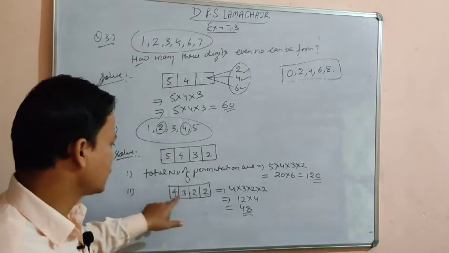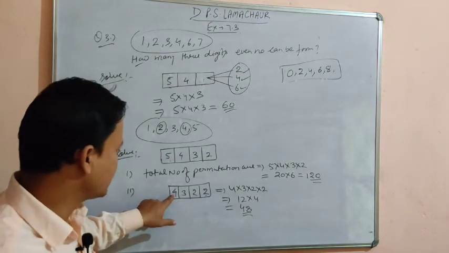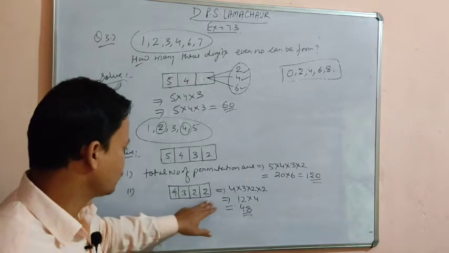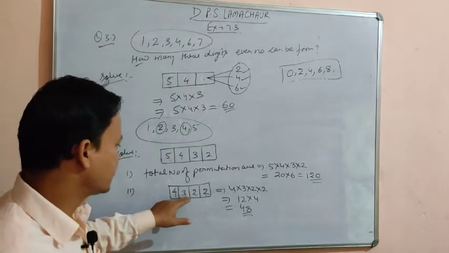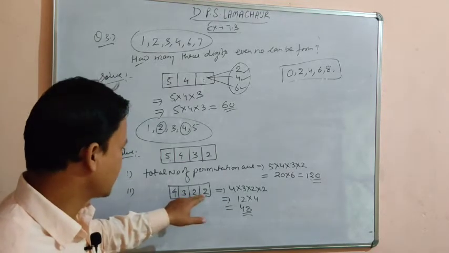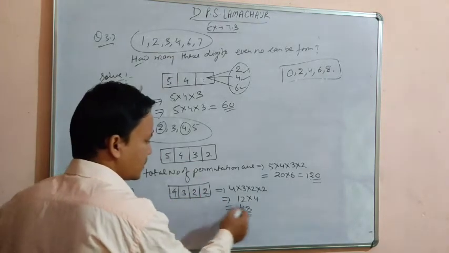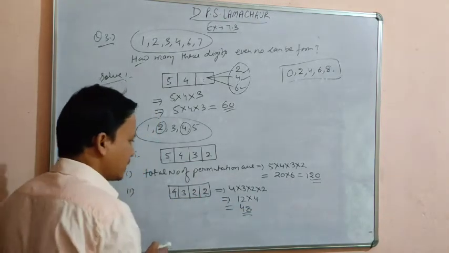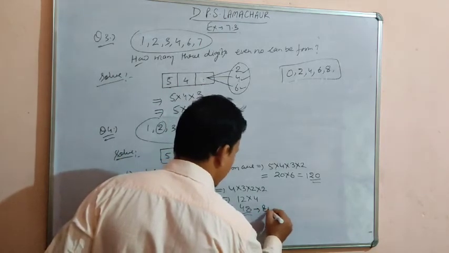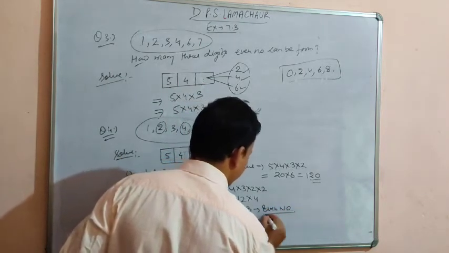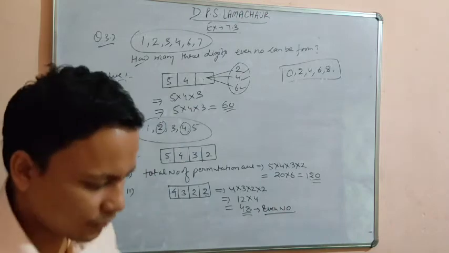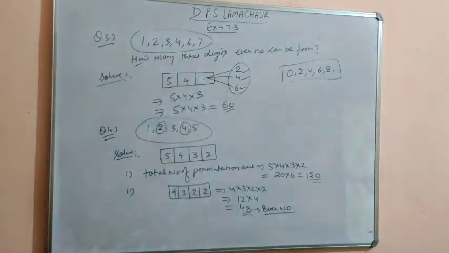If one is fixed here, only 4 options are available to fill this box. And after fixing two numbers here, there are only 3 options to fill this one, and only 2 options to fill this one. So the total number of options is 4 into 3 into 2 into 2, that is 48. So what will it be? 48 even numbers. Okay. So pause the video and take the screenshot.